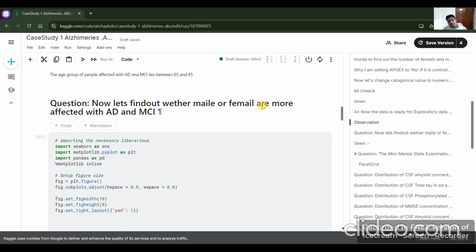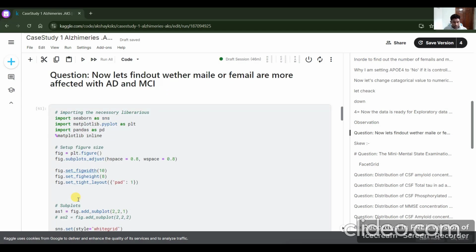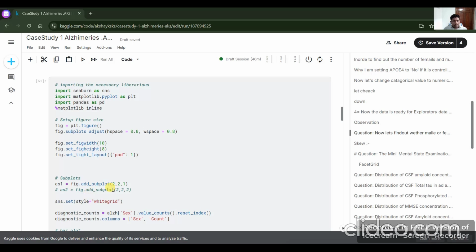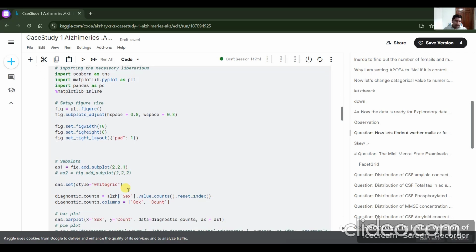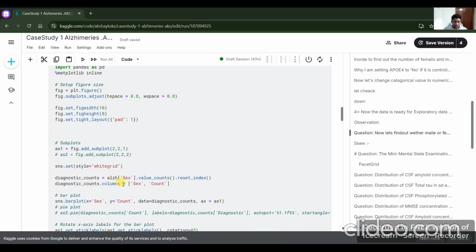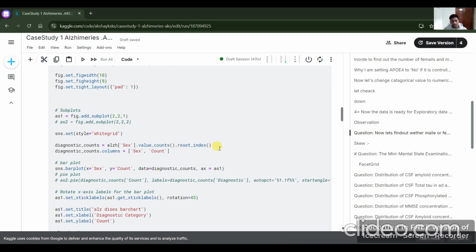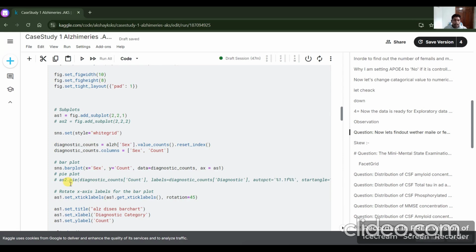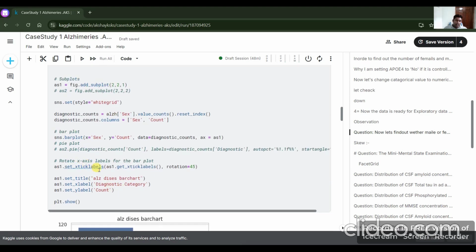We import seaborn, matplotlib, and pandas, set the figure, subplot 2 by 1, then the diagnosis count, sex value counts with reset index, and then a bar plot with x as sex, y as count, hue as diagnosis. We set the axis labels, set the title Alzheimer's disease bar chart, X label diagnosis category and Y label count.